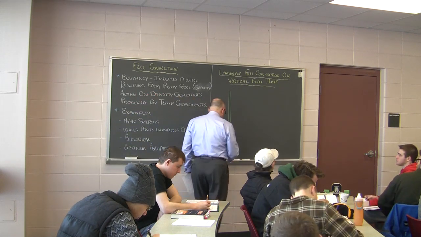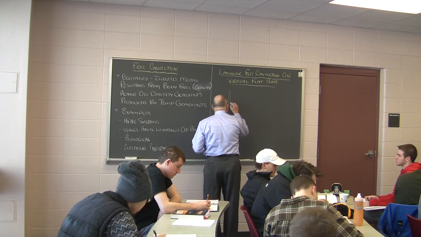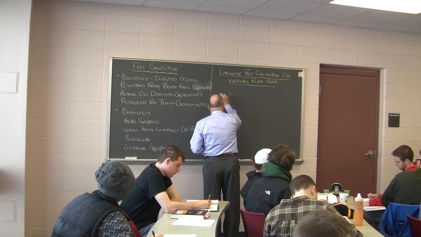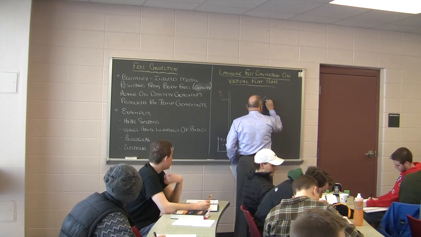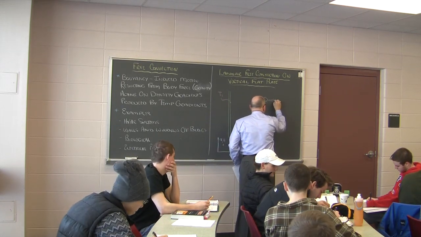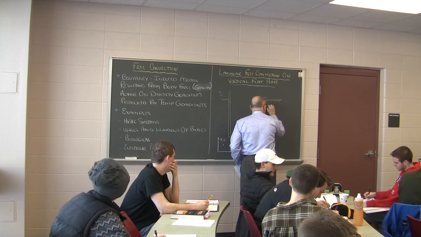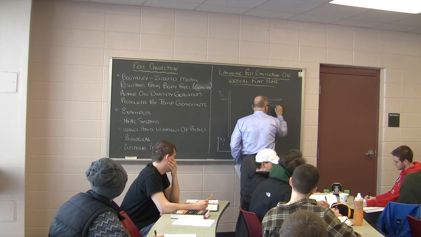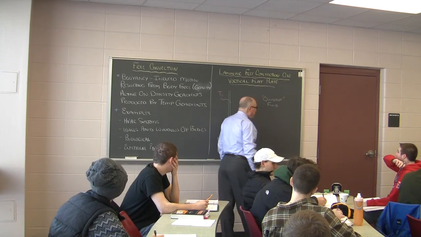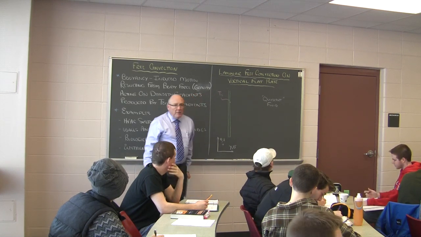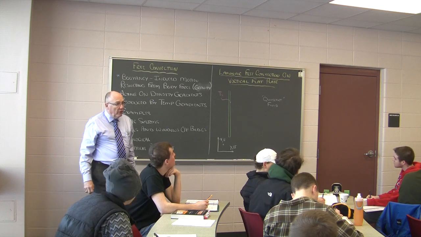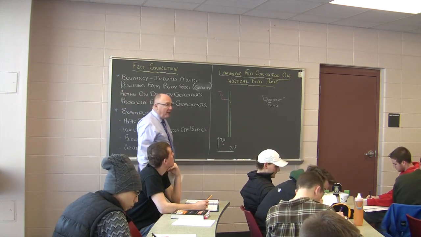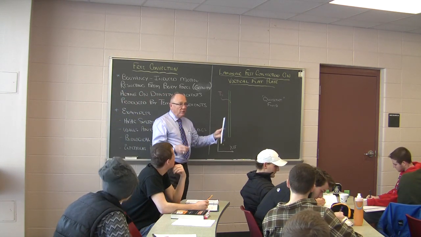Now what happens here, if we have a plate, and we'll call this Ts, and out here we have what is known as quiescent fluid. Quiescent, if you look it up, means still. Okay? Still. Or not moving. It's the air that's undisturbed.